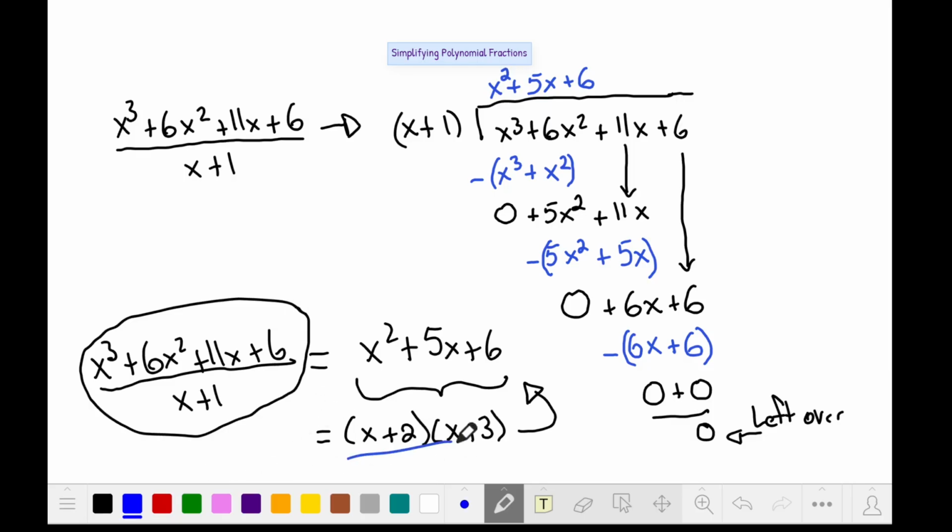I would much rather work with this little guy over here as opposed to this behemoth of a polynomial on the left-hand side. All right, so we're going to jump into another example where we'll actually have a remainder left over so we can see what that looks like.